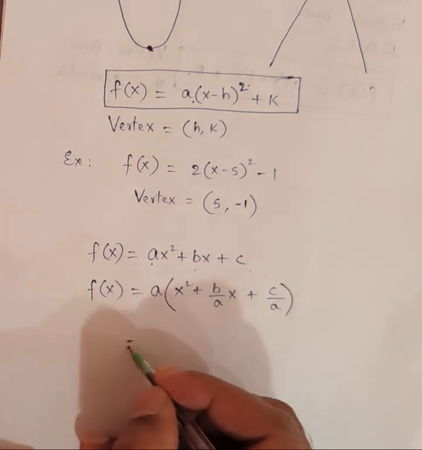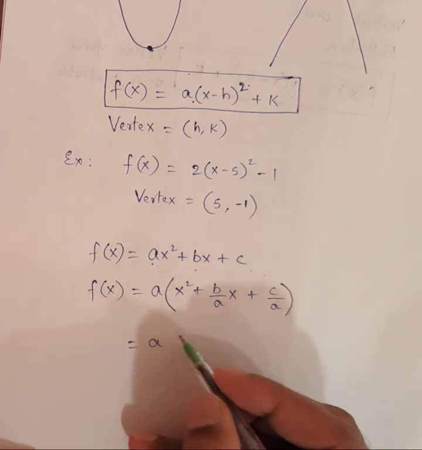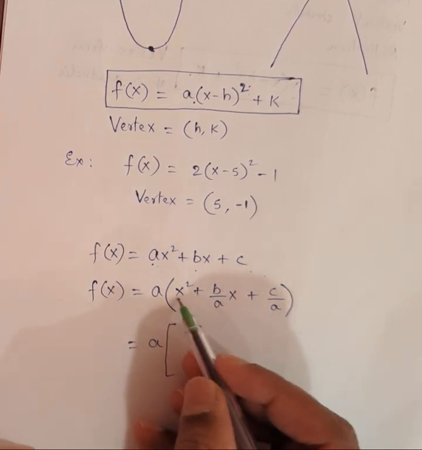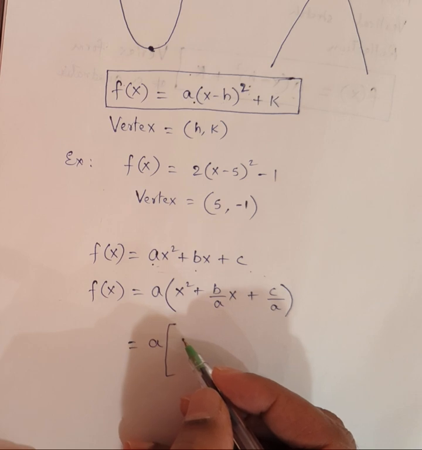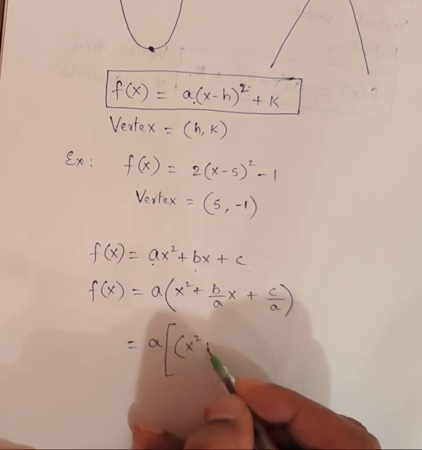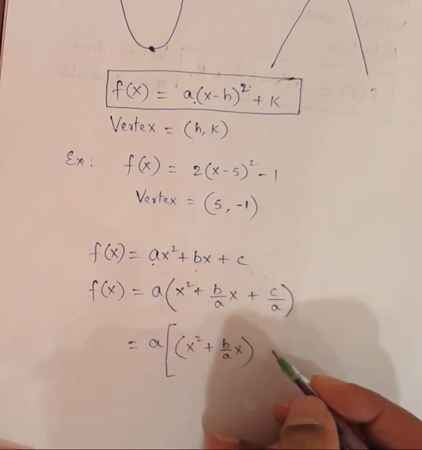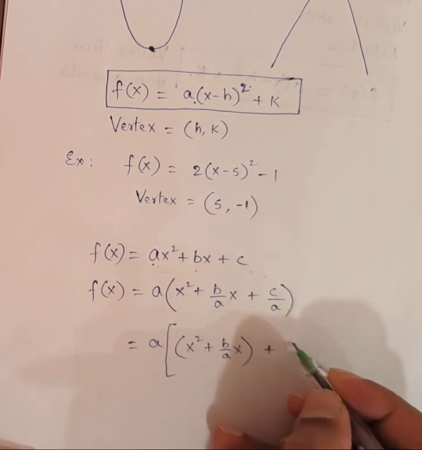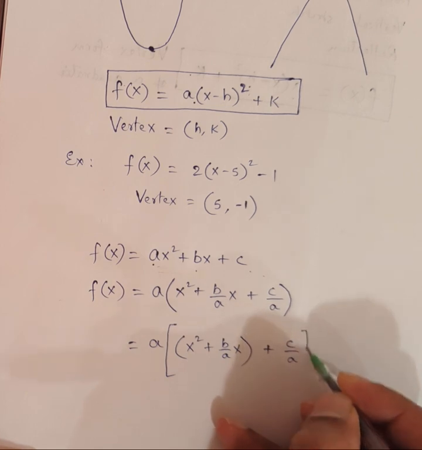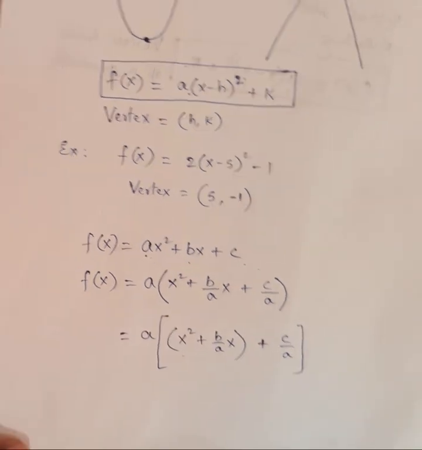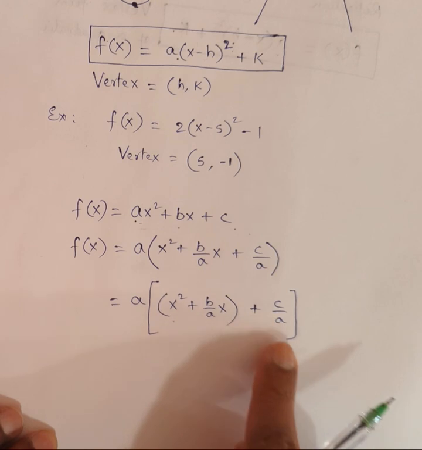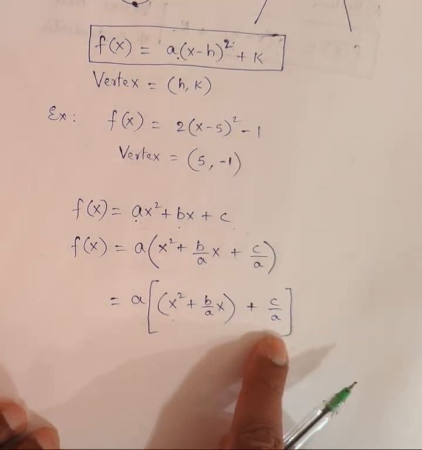Now, once we have this, we will think of x squared plus b over a x, the variable terms, and we will pair these variable terms and then leave the constant c over a outside.